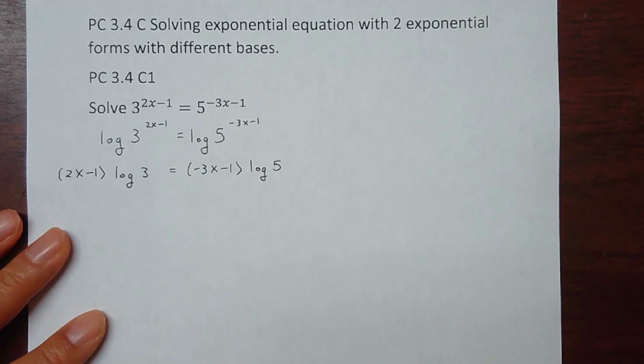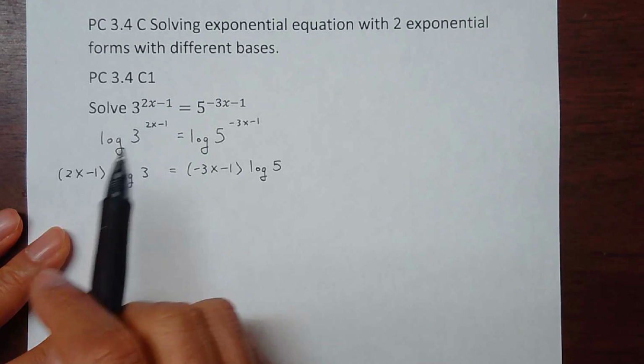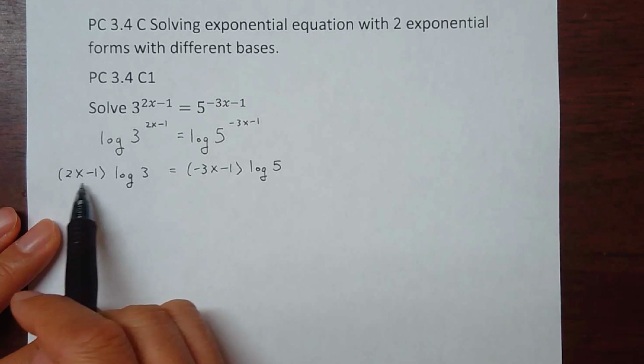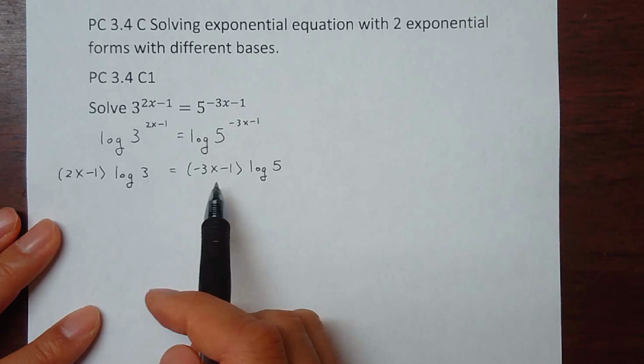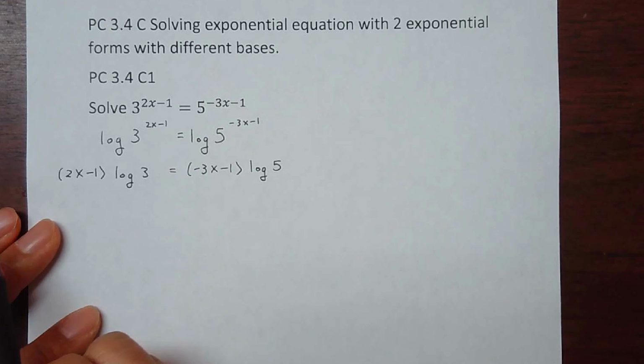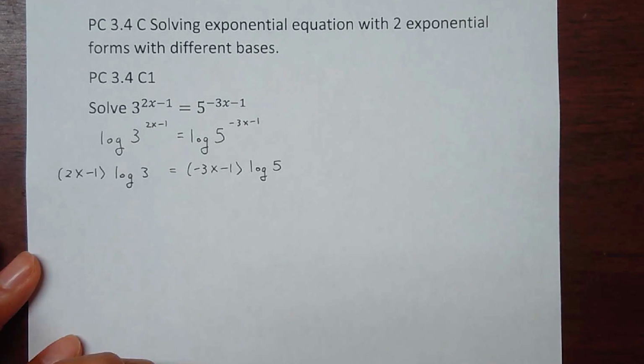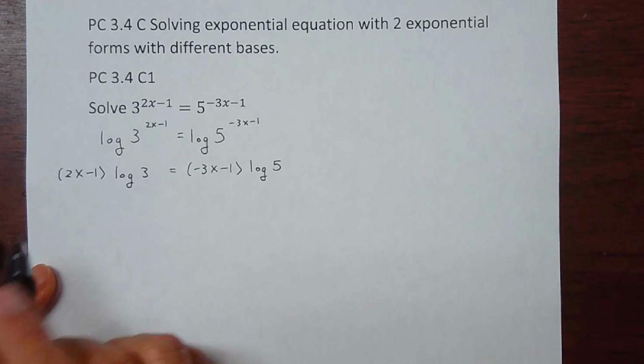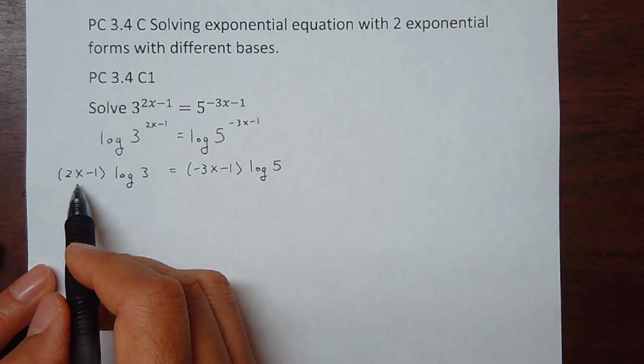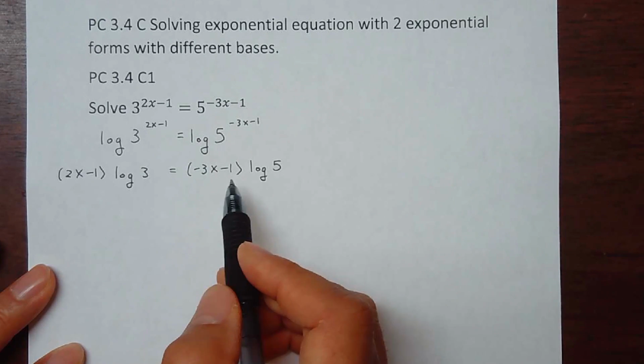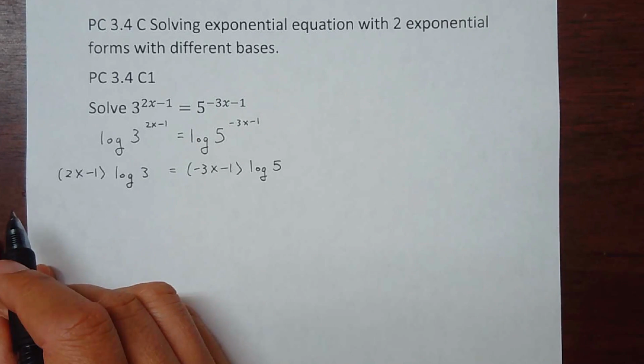Again, why are we doing this? Now x is on the ground. X is not in the exponent anymore. So all you have to do is just solve for x. As you can see, we have x on the left hand side and x on the right hand side, so you have to distribute everything.